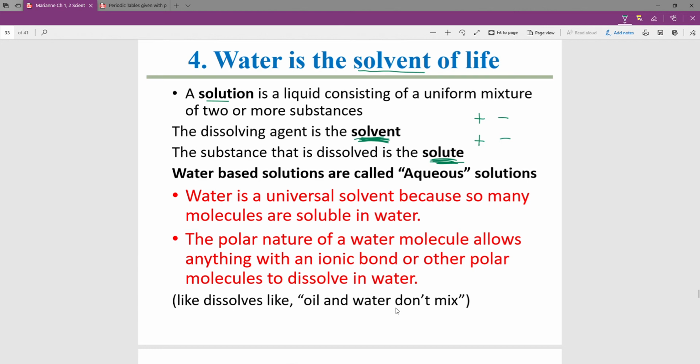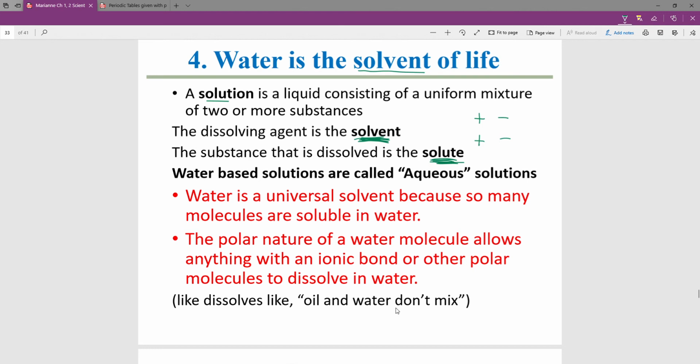So water-based solutions are called aqueous solutions. And because we're water-based, it's really important that we have things that dissolve in water, because that's how we stay alive. The molecules that make us up need to be soluble in water. So water is a universal solvent because so many molecules are soluble in water.